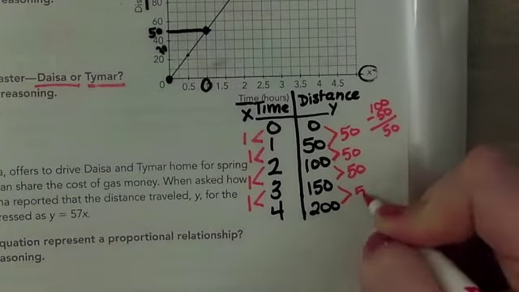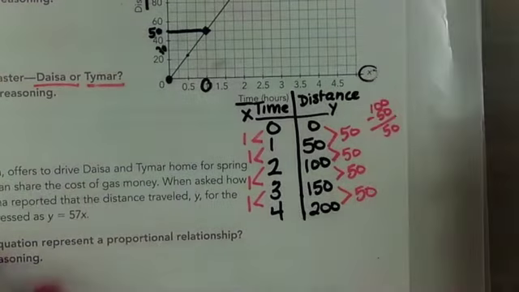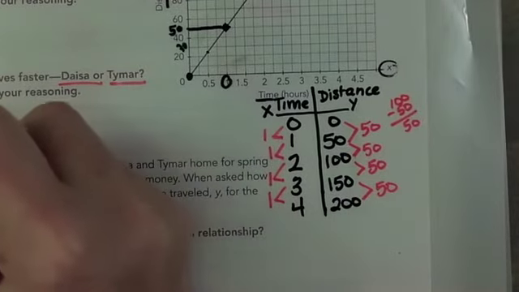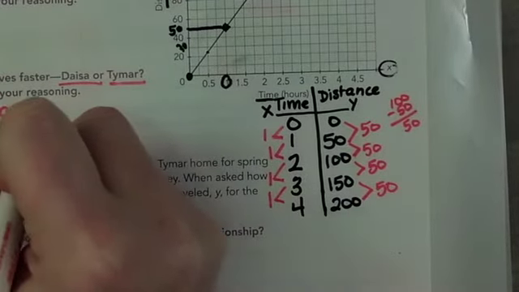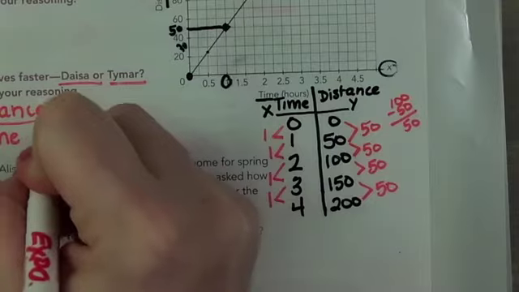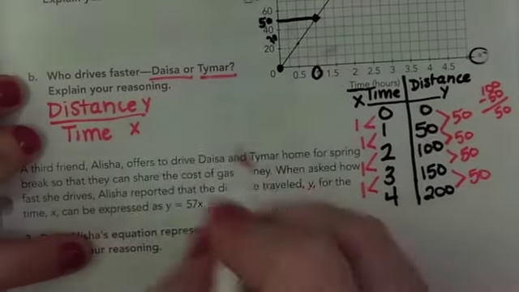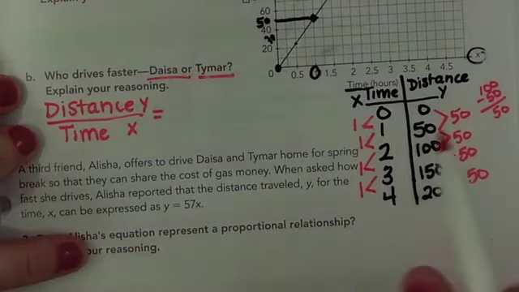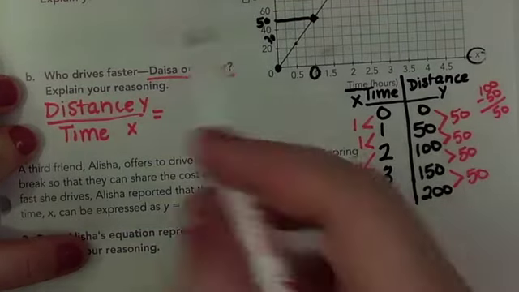Okay, we are going to set up the distance over time. So distance over time. The distance was the y, time was x. And so for Timar, we would say 50 divided by 1.